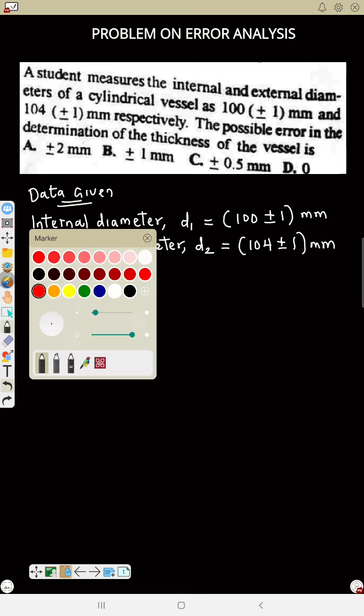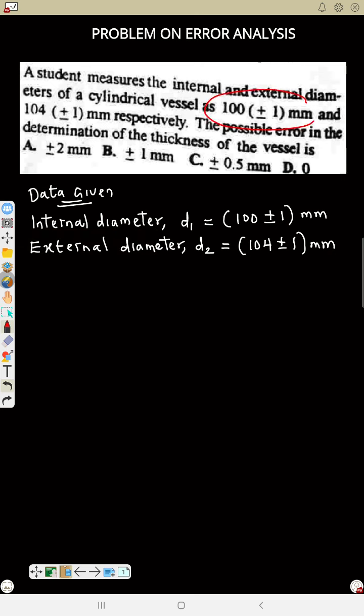Then we also have the external diameter. Let's call that one D2. That is 104 plus or minus 1 millimeter. Now we have the two in our question, that is internal diameter and external diameter given in the question.